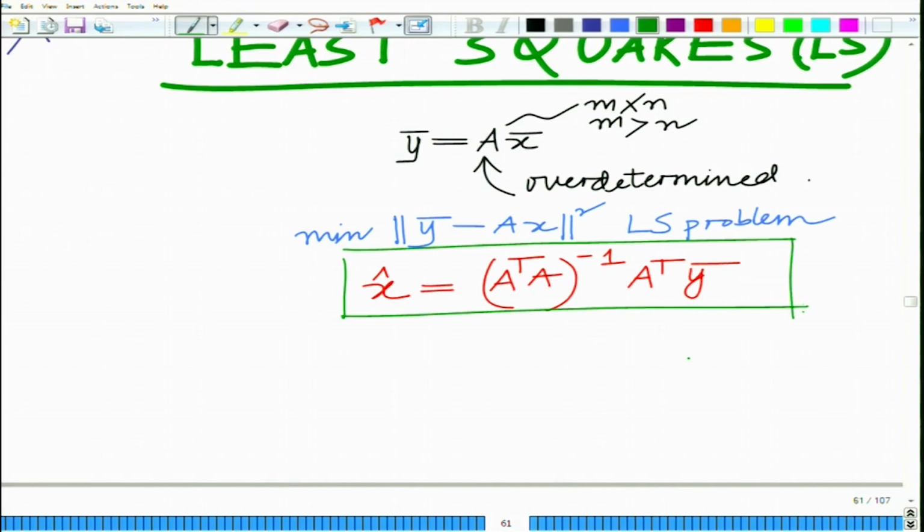Now let us look at some salient aspects of this solution.